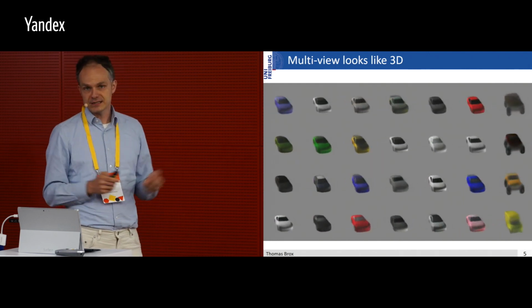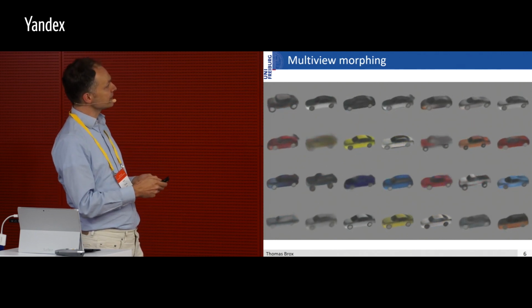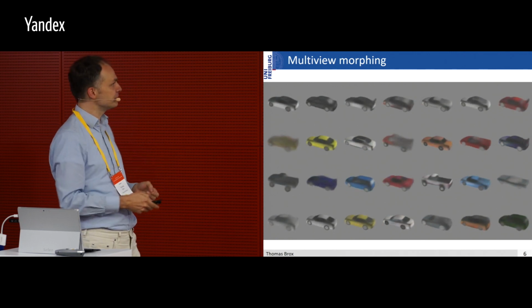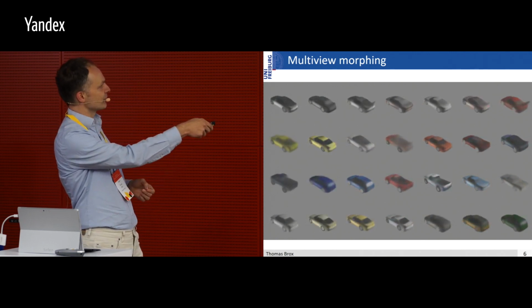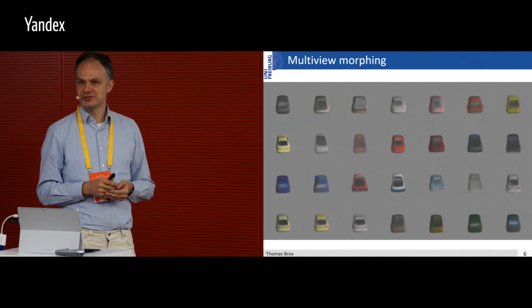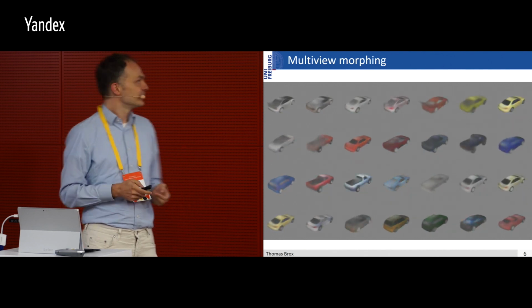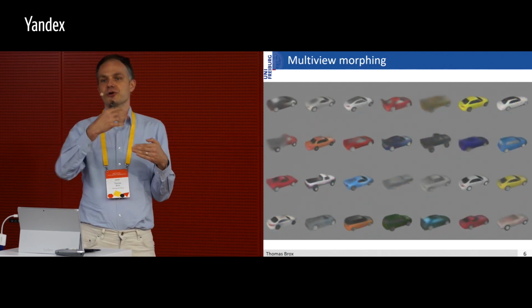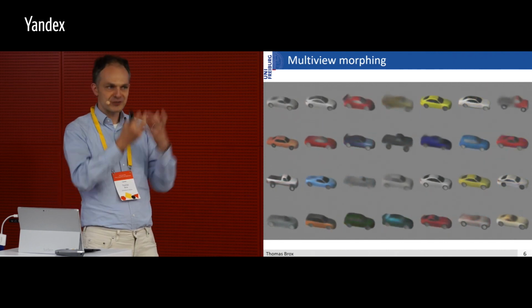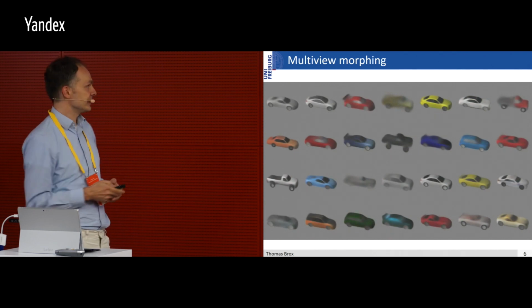And you also see that the network doesn't learn things by heart in this morphing: you can combine the representations of two different inputs, and then you see that this car morphs into this car, and the intermediate images that are produced are also reasonable cars. That shows that it does not just learn car parts by heart and then assemble them, but it really does some fancy recombination of the knowledge it has from the training data.